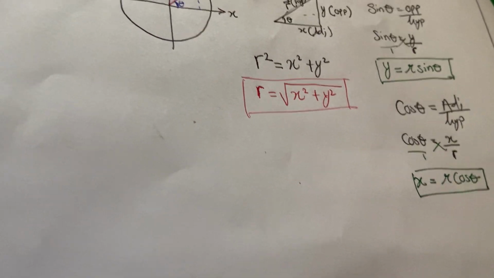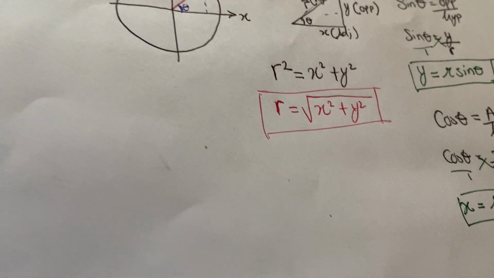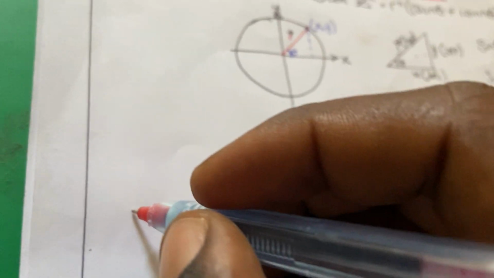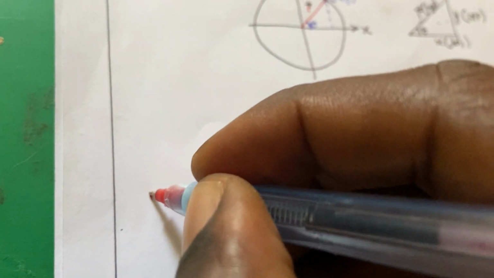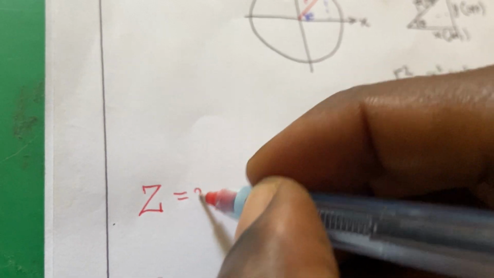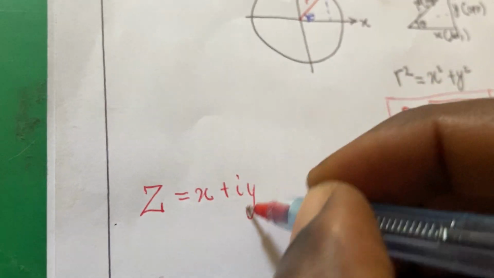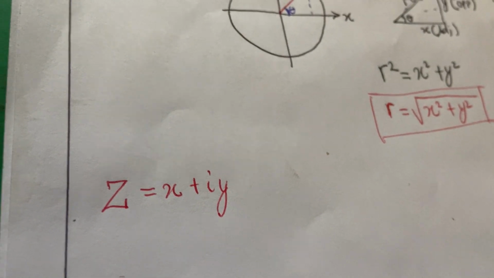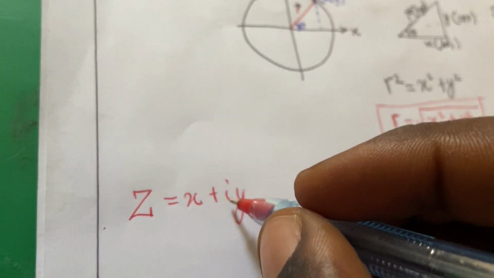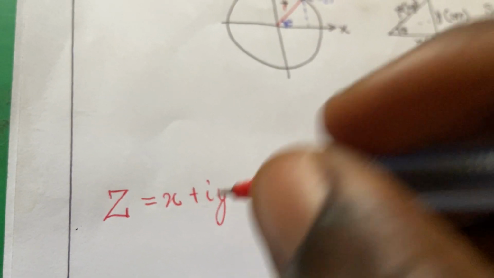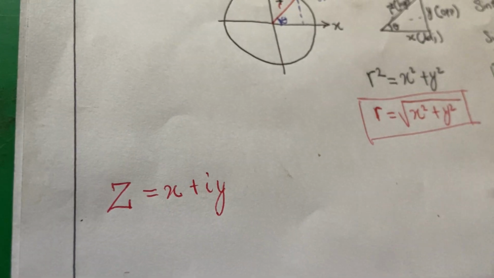From our previous class, we said that z equals x plus iy, where i is the imaginary value, the complex number we discussed.